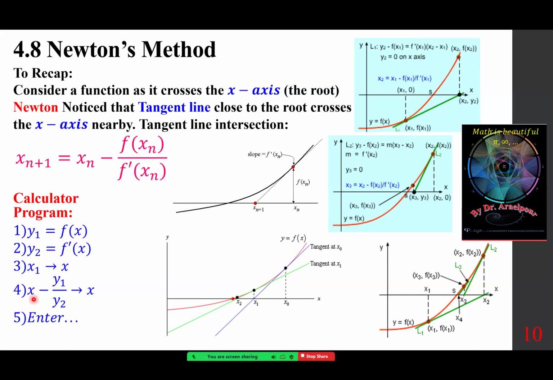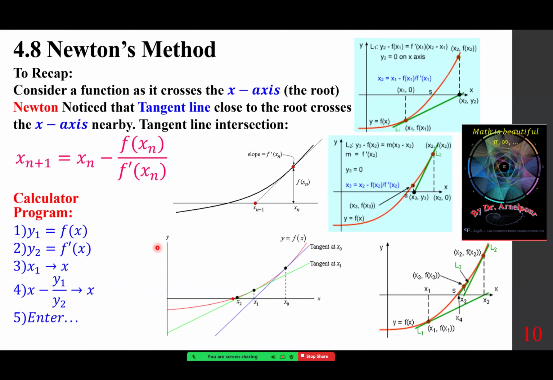And then x minus y sub 1 over y sub 2, because y sub 1 is your function, y sub 2 is the derivative of your function. So y sub 1 over y sub 2 represents this fraction. You store it in x again. If you enter repeatedly, you get the numbers. Okay. It works out as long as we get better.